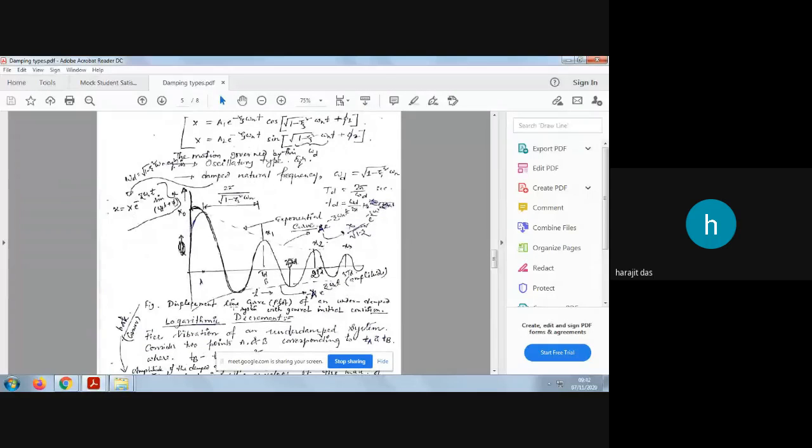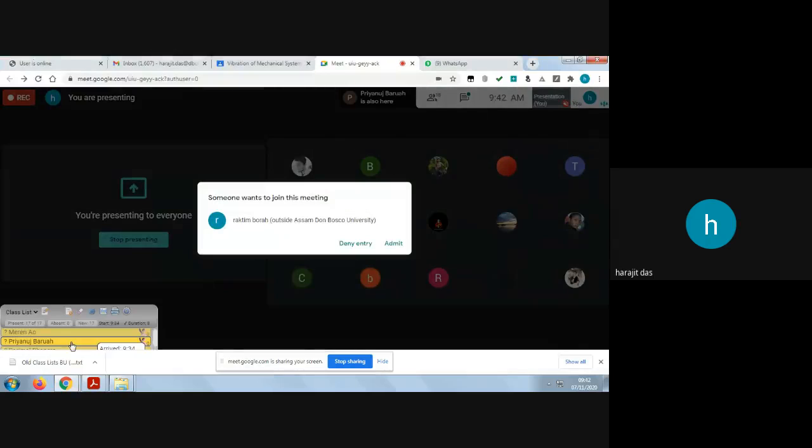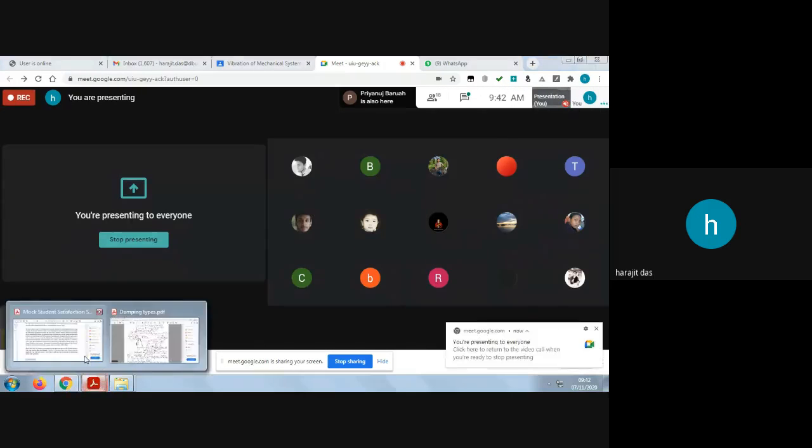So this is the displacement time curve, or plot, of an underdamped system with general initial condition. The initial displacement is x naught, that is why the plot starts from x naught. And if you see the outer profile of this graph, you will get an envelope.